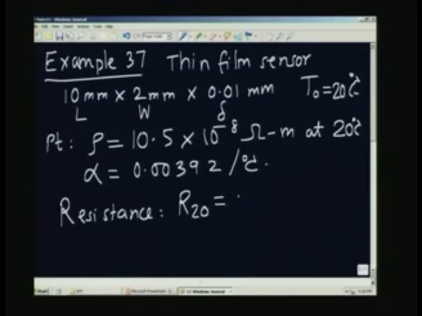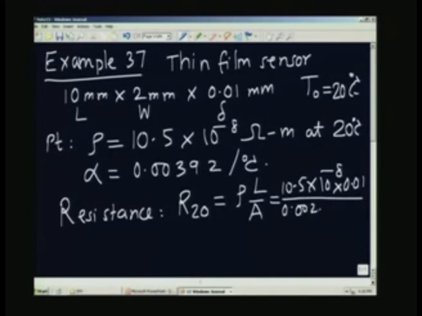R20 is rho L by A. Rho is 10.5 into 10 to the power of minus 8. L is 10 millimeters, so that will be 0.01 meter, divided by the area of cross section, which will be 2 millimeters, 0.002, multiplied by 0.01 millimeters, so 10 to the power of minus 5. This works out to about 0.53 ohm.